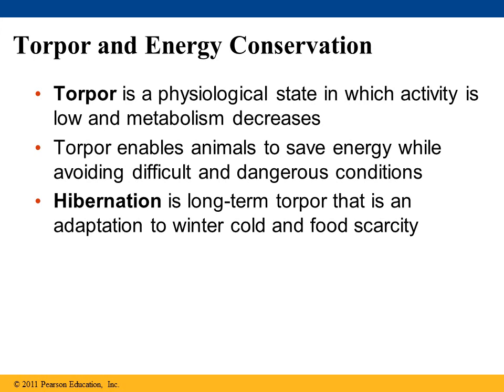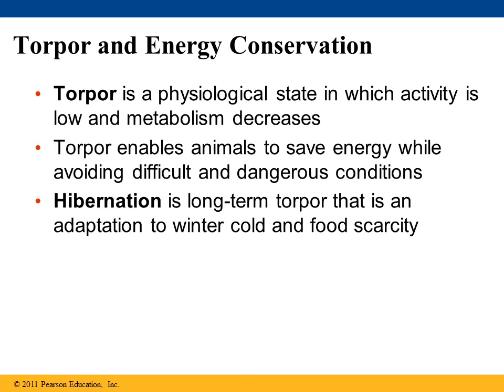So, torpor is a physiological state in which activity is low and the metabolism decreases. Torpor enables animals to save energy while avoiding difficult or dangerous conditions. An example of a long-term torpor is hibernation.